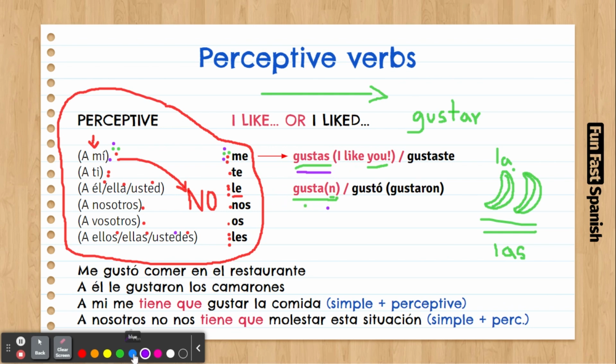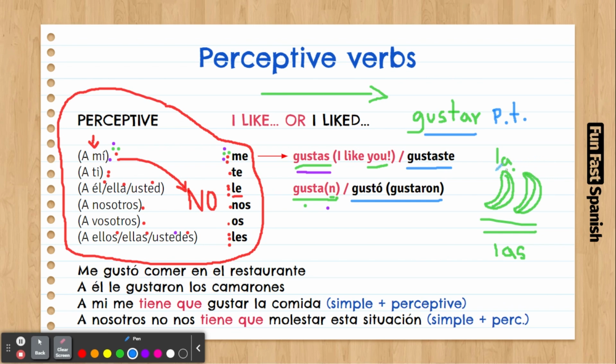If we do past tense, these are the verbs we're going to use. It's exactly the same thing, but we're going to conjugate the verb gustar in past simple, or in past tense to be more general.